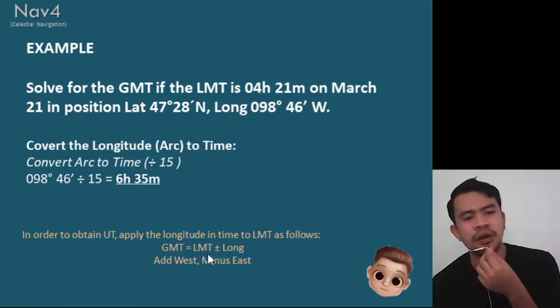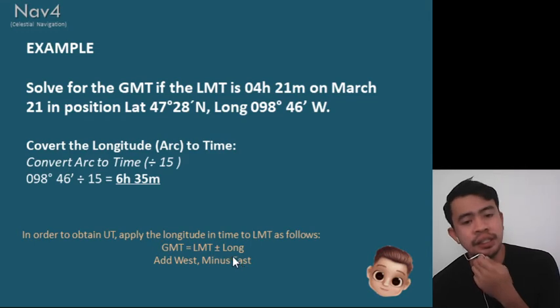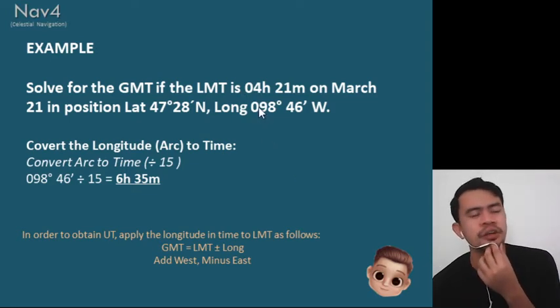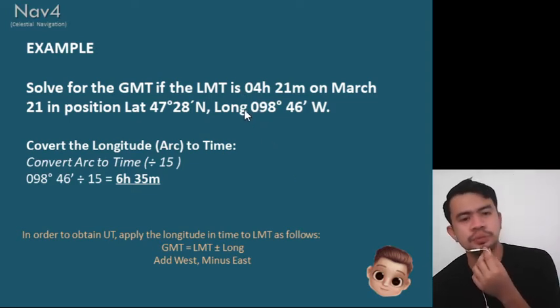So that means kapag ang longitude ay east, minus. Kapag ang ating longitude ay west, then we have to add that one. And in this case, given naman natin si LMT, ang longitude natin given din. So we have to convert this one to time.